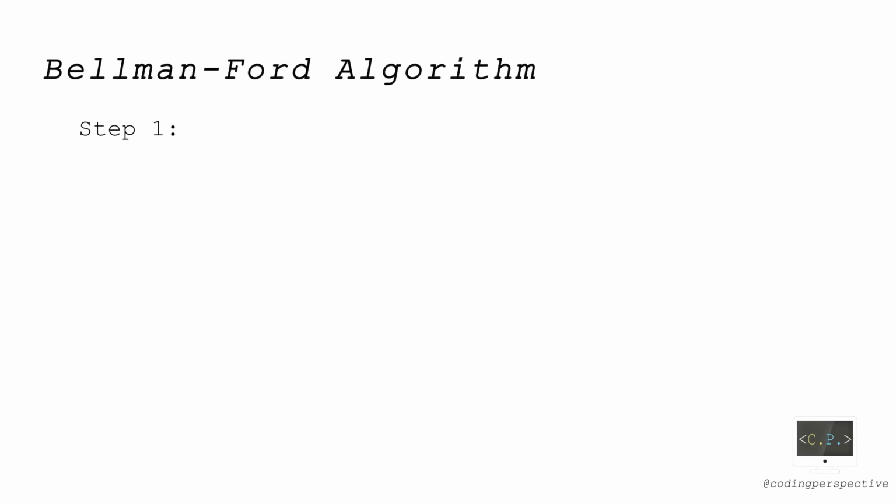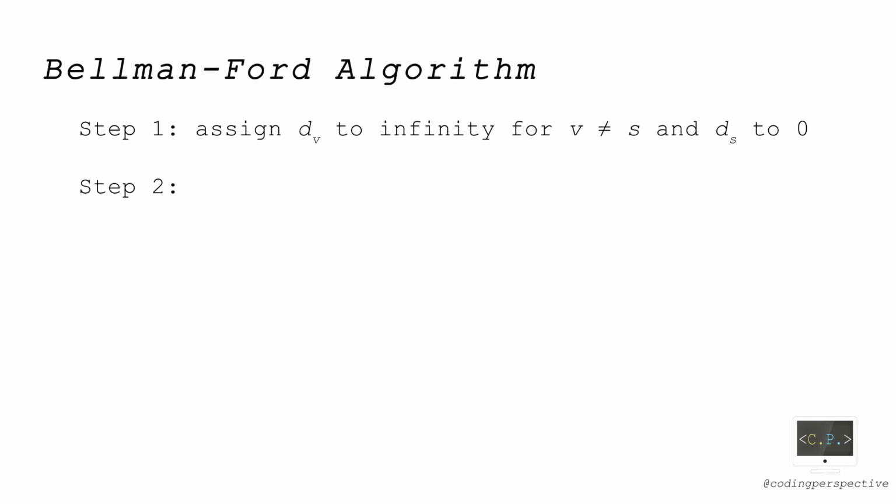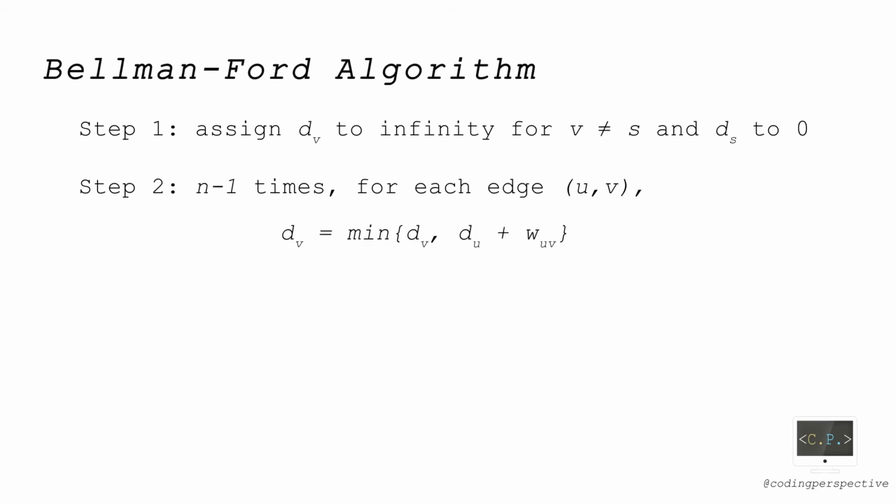In the first step, we assign the path lengths to infinity for each node, excluding the source node. For the source node, the path length is 0. In the second step, we iterate n-1 times for each edge and update the path length for the corresponding node as follows. This is the part where we use dynamic programming, so the recursion.